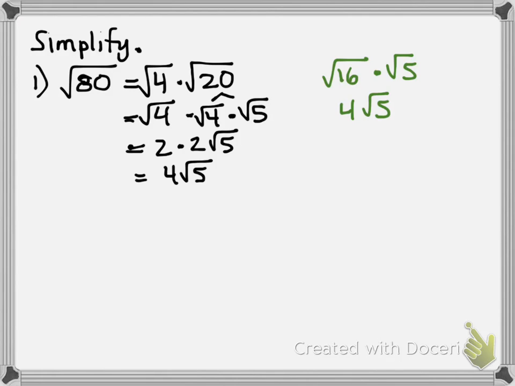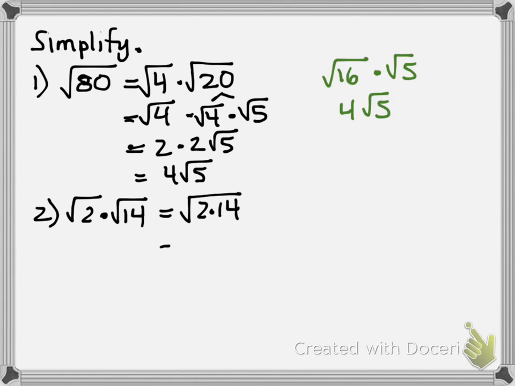All right, let's do another one. You saw some like this on your homework. Where the problem looked like this. Well, we can use the product property of square roots kind of in a reverse fashion. What we can do is say this is the same as the square root of 2 times 14.